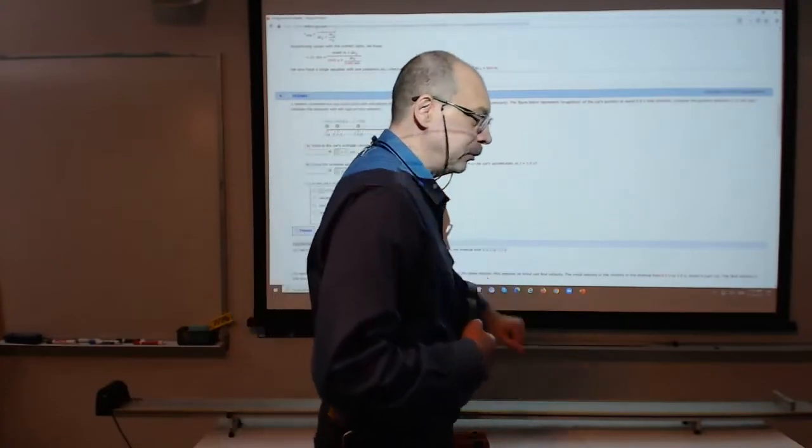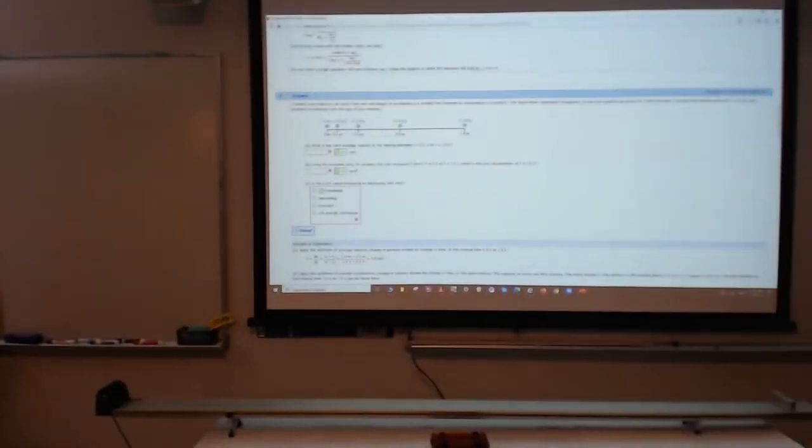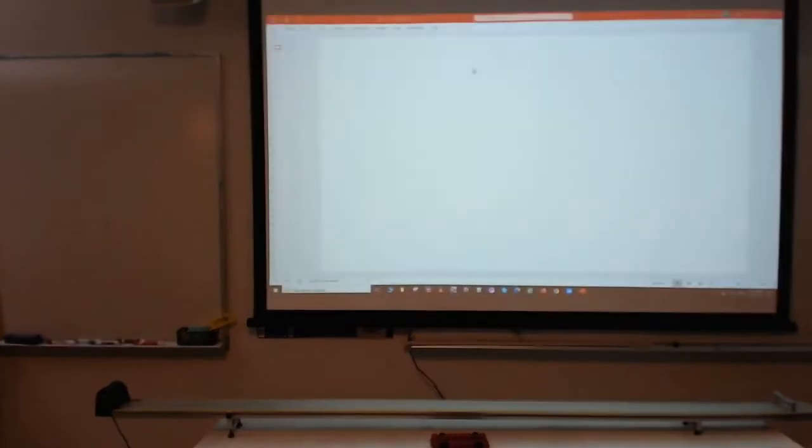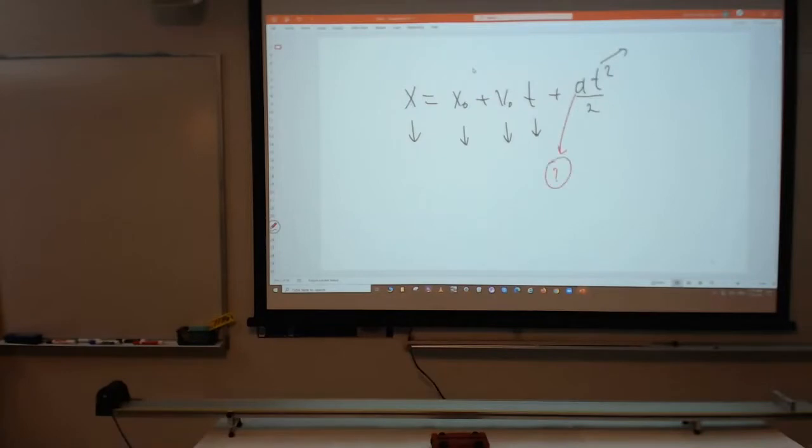Okay. So if you use that information in your motion equation, and if you know these variables, all of them, there's only one unknown left for you. This is what you're looking for, the acceleration.